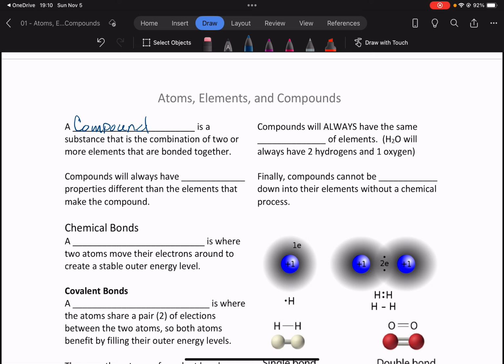For example, water, H2O, will always have two hydrogens and one oxygen. Glucose is the compound C6H12O6, and will always have 6 carbon, 12 hydrogen, and 6 oxygen. That will be consistent throughout. If it's glucose, it's going to have those numbers on there.